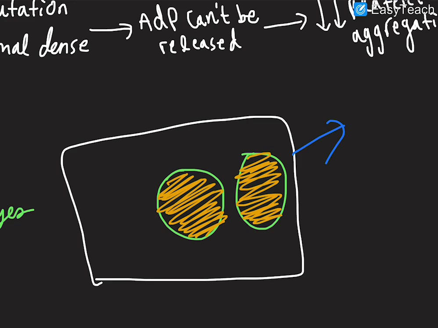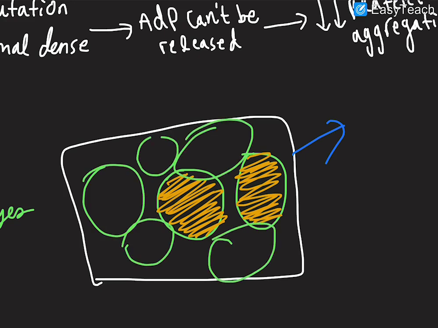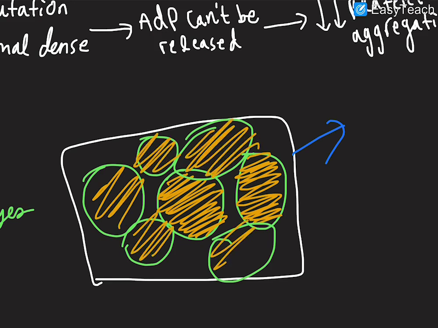Then melanosomes build up inside your melanocytes because of defective microtubules. If we draw this, melanosomes build up inside your melanocytes with all this melanin, and you can't distribute them to your skin cells, hair cells, or eyes.